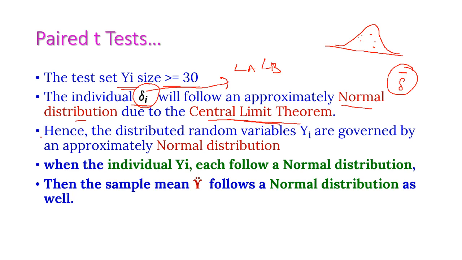Hence the random variables yi are governed by an approximately normal distribution, obviously. When each individual yi follows a normal distribution, then obviously the sample mean y bar should also fall under the normal distribution.